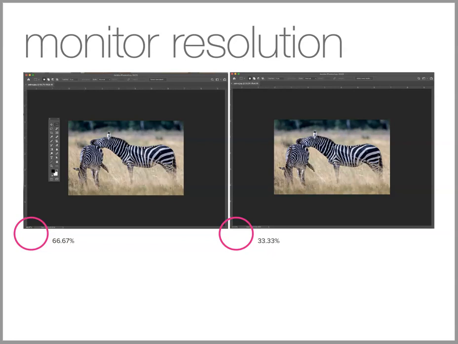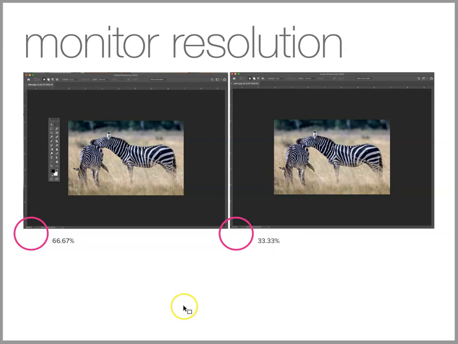The thing about monitor resolution, and I'm sharing this because it just makes me a little bit nuts, and it may have happened to you and you may not know why. When you are viewing something on your monitor, now I have a 2-monitor setup here in my office, and what I did was I have the image on the left on my higher resolution monitor, and I literally just dragged the whole Photoshop window over to my other monitor and took a screenshot.